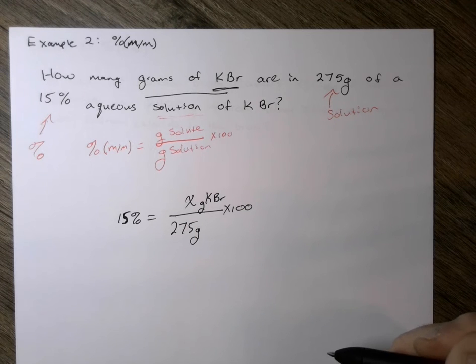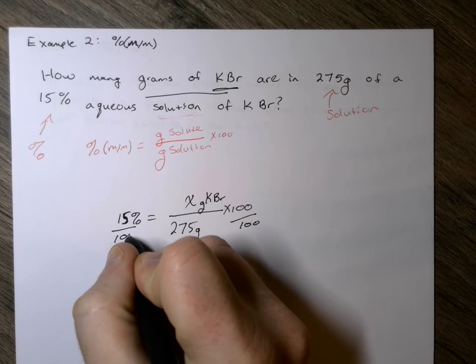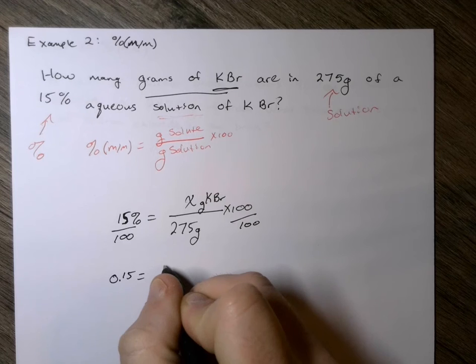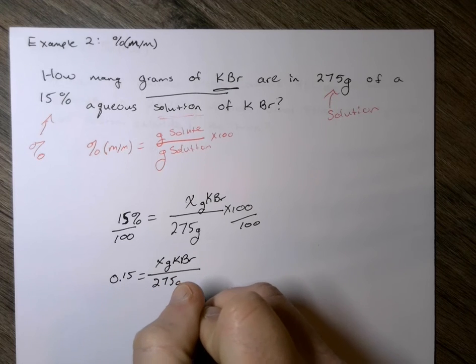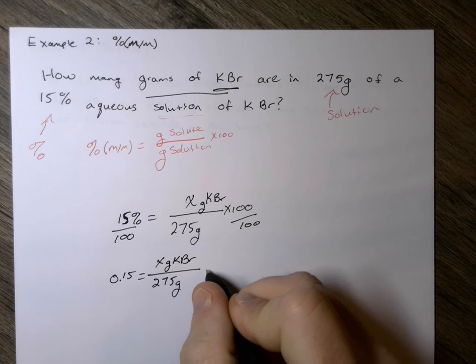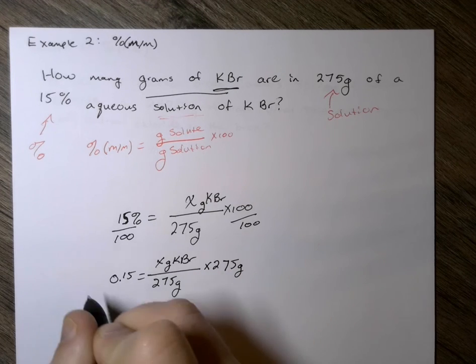So, step 1, let's go ahead, divide both sides by 100. So now we have 0.15 is equal to x grams of KBr over 275 grams. Now we're going to multiply both sides by 275 grams.